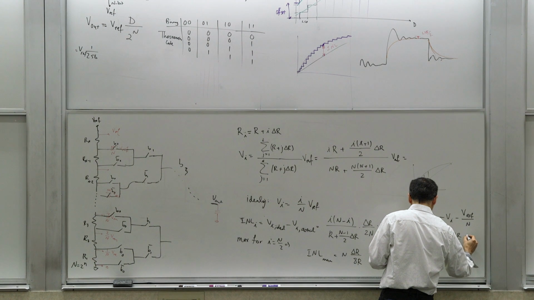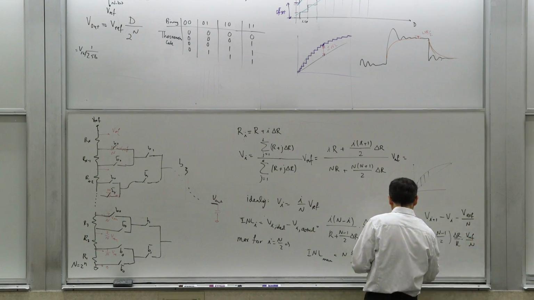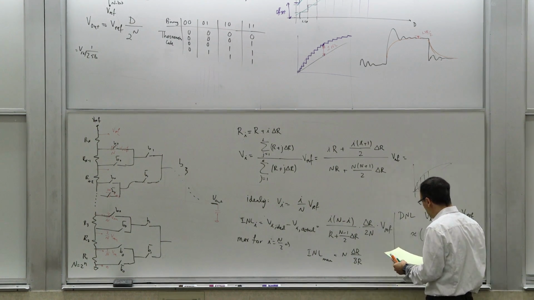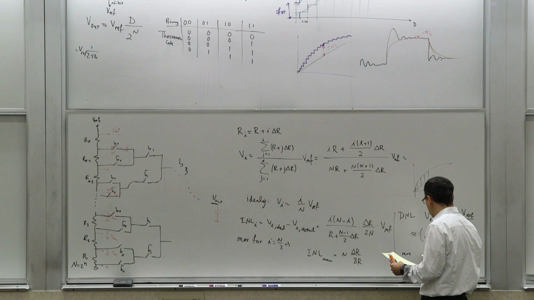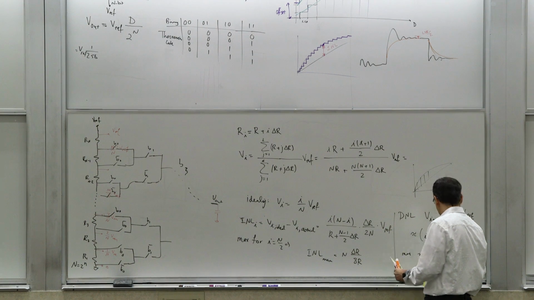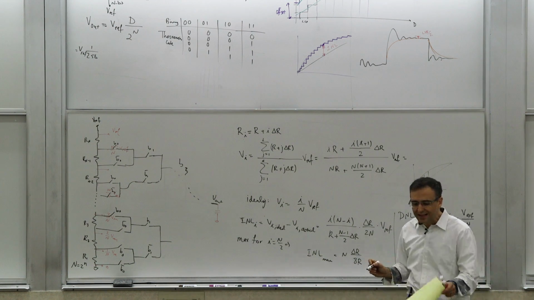It's a straightforward calculation, and it's maximized at the two ends, at I equals 1 or I equals n. And the maximum value is going to be, so DNL max is going to be Vref times delta R over 2R.